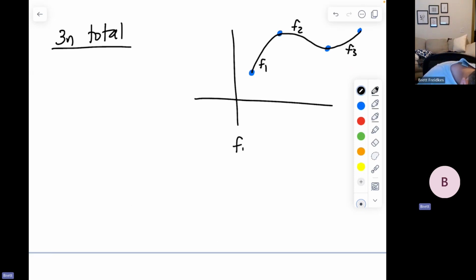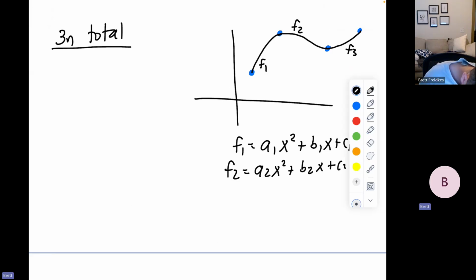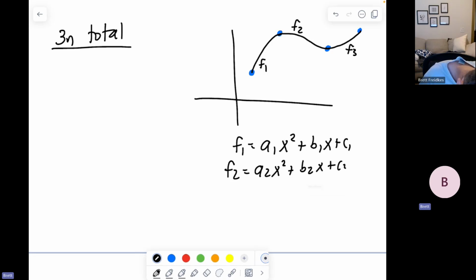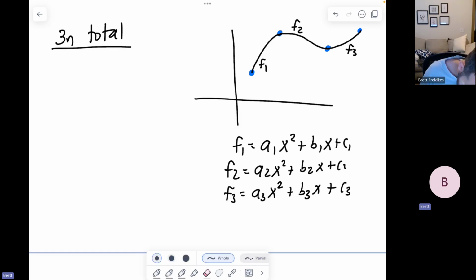And again, I'll just write it out to be really thorough. If you want to fast forward this just a bit, I'm just going to write out what all of these functions are. We see that we have 9 unknowns. We need 9 equations.